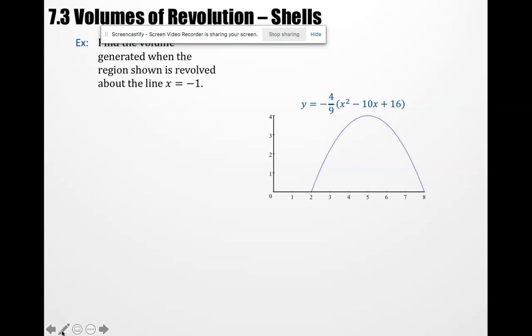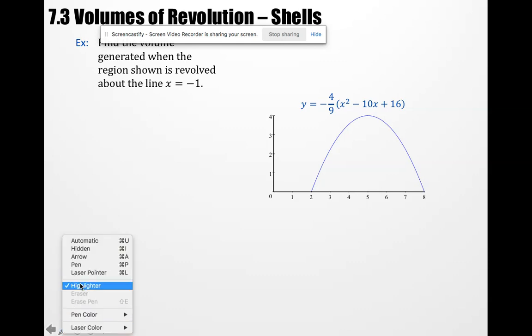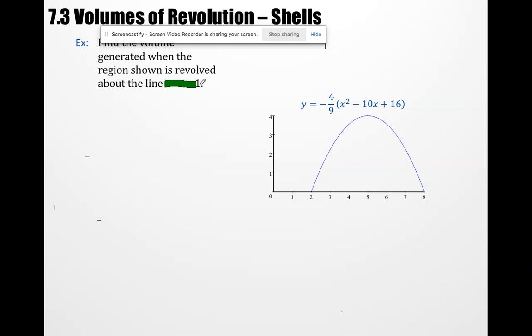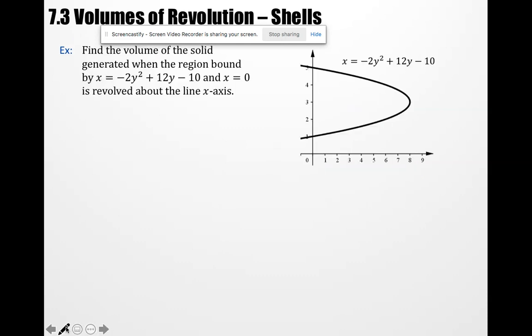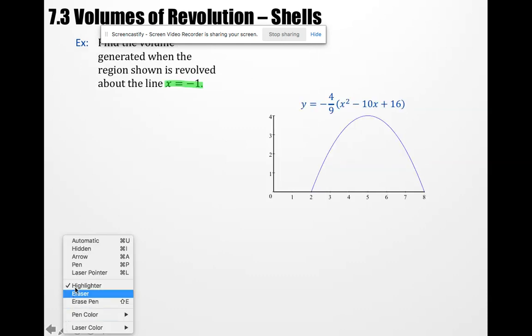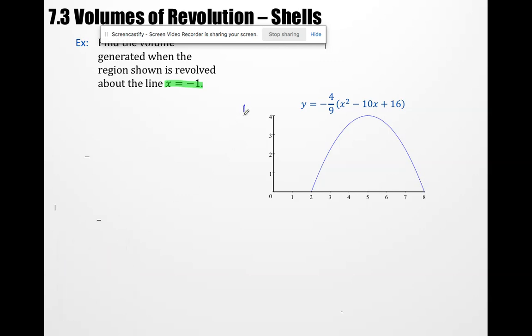So let's look at another example, but this time I have the exact same shape, but I want to revolve it around the line x equals -1. Take the same shape.